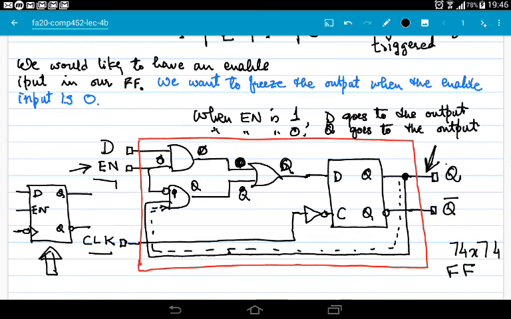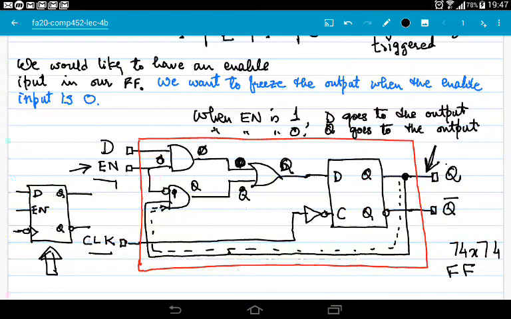Let me quickly check on Google, TTL flip-flop, D-type.